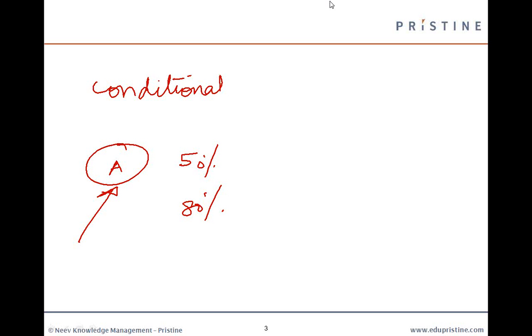So the probability of A, denoted by P of A, is basically the probability that India beats England in Tuesday's cricket match. When I say it like this, it is called unconditional probability because I have not given any condition. I'm simply saying what is the probability that India beats England in Tuesday's cricket match.